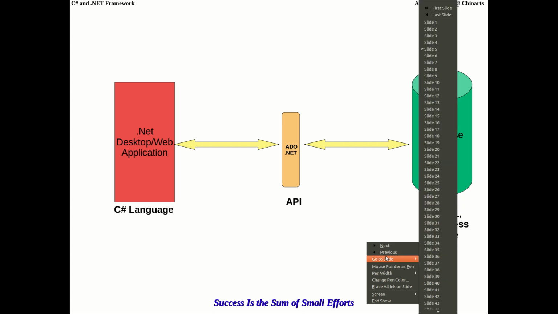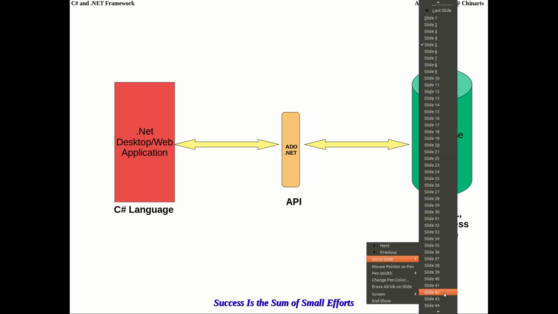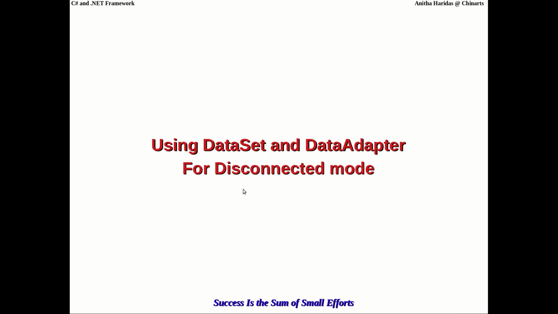Now, in this video, we are going to discuss how a data source can be used for the disconnected mode. How a .NET application will work in a disconnected mode, for which we will be using the data set and the data adapter.